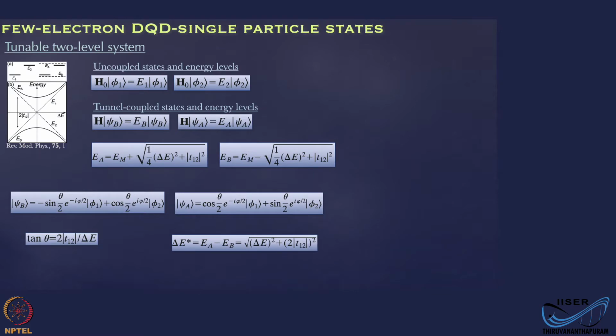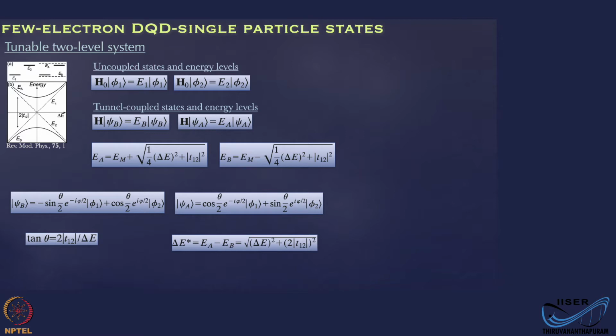Now, when you move to a few electron double quantum dot system, you need to worry about the single particle states and their interactions with each other. So these double quantum dot systems are artificial molecules.